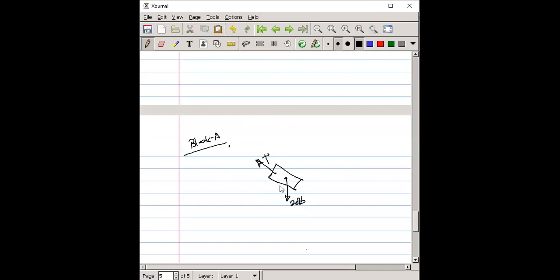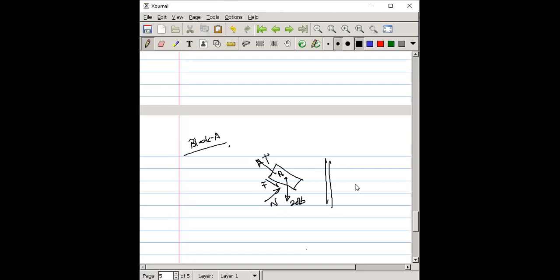And if this body tries to start impending motion, what does that mean? That means block B will move in the downward direction, and then block A should move in the upward direction, right? And if block A moves upward, then remember the frictional force is in the opposite direction, and along with this your normal force is this one. Clear?